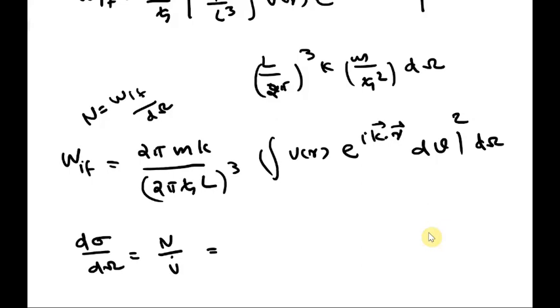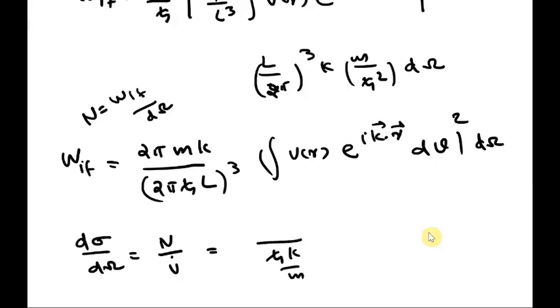And what about j? j is the incident intensity, and you can calculate this by using the wave function already. You can find out the incident intensity, and that will be something like h cross k by m, and the square of the amplitude.